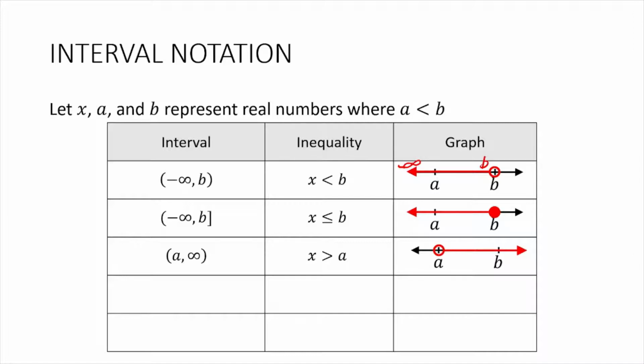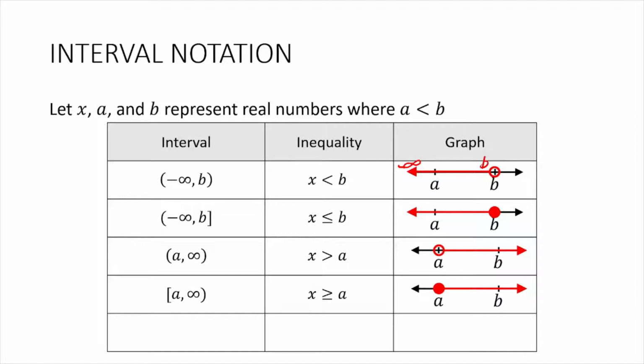Lastly, next we have x greater than or equal to a. Still starting at a, but in this case, a is now included because of the equal sign, right? So we include a, and then we also include all the real numbers to the right of a. So from a, including a, going to positive infinity.